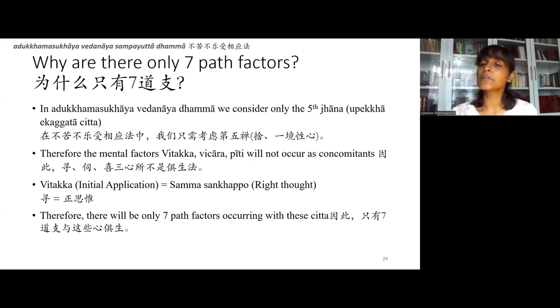Remember, vichara and piti are not path factors. Therefore, we don't deduct vichara and piti from that 8 because those 2 don't belong to path factors. So what we get is the 8 path factors minus samma sankappa, and we are left with just 7 path factors.